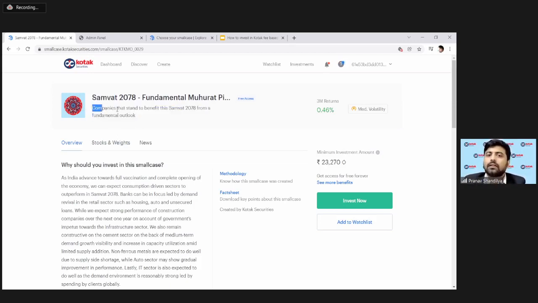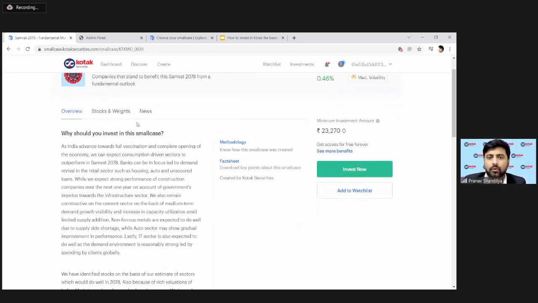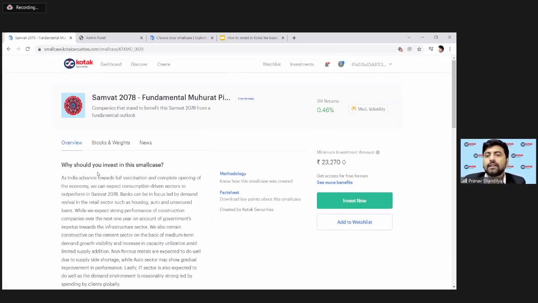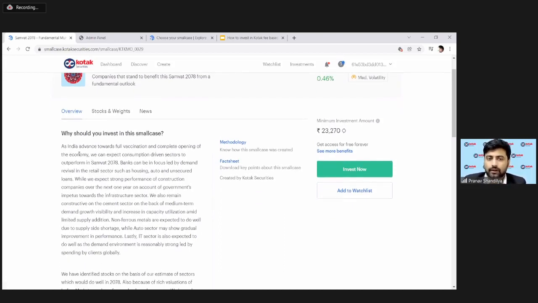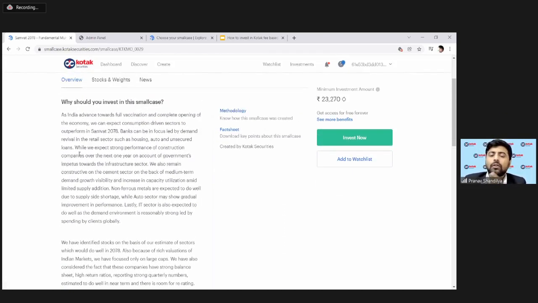We see that the investment is happening in companies that stand to benefit from the Samvat 2078 from a fundamental outlook. And why somebody should invest in this particular basket is mentioned in the overview section. The overview section gives a very detailed explanation of why this particular basket is fit for your investment requirements. So if any of you have any queries about a basket before going ahead and investing in it, this is the place to go and check it out.